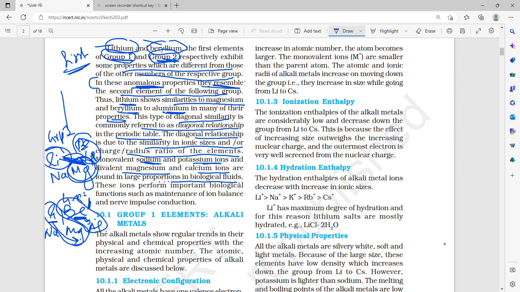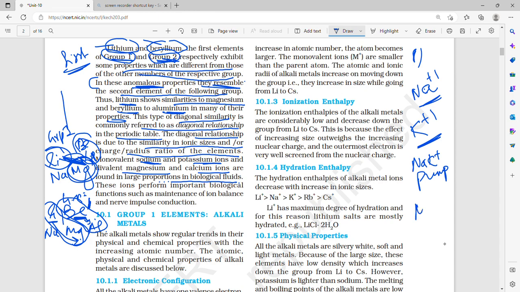So in biology you'll notice Na+ and K+ are very important in extracellular and intracellular fluids. They help in exchange from higher concentration to lower concentration. We have the sodium potassium pump also, the Na-K pump. So it is very important in biological fluids.